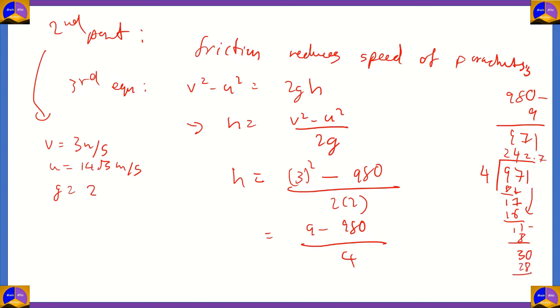That is 28, gives you 2. And then if you write 5, because there's a 20, minus 20 is equal to 0. So the value of h that you get is 242.75, which you can approximate using significant figures to a value that is 243 meters.